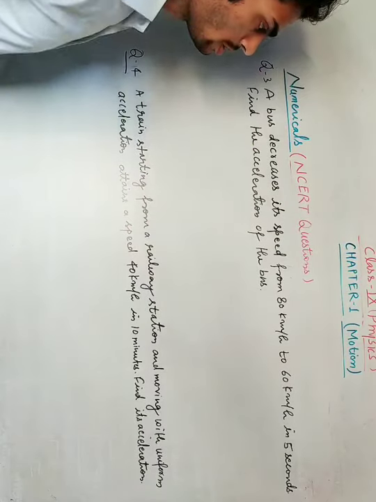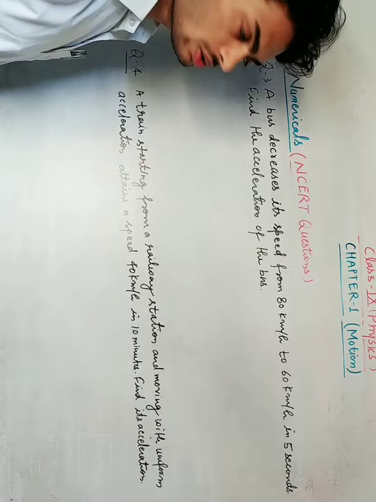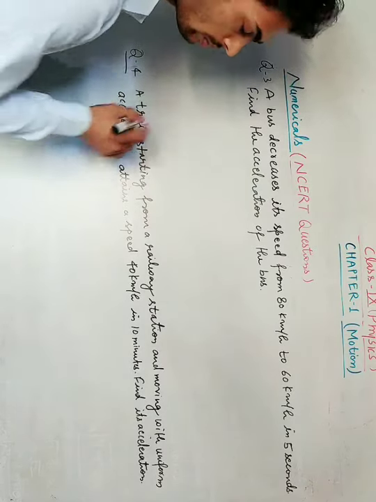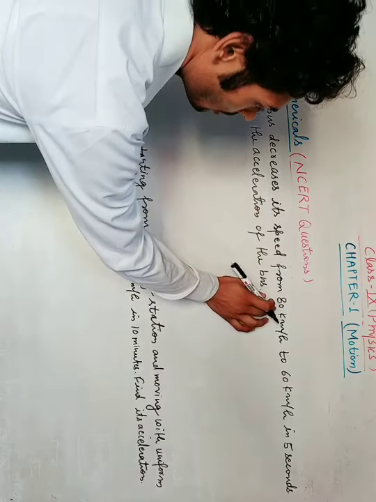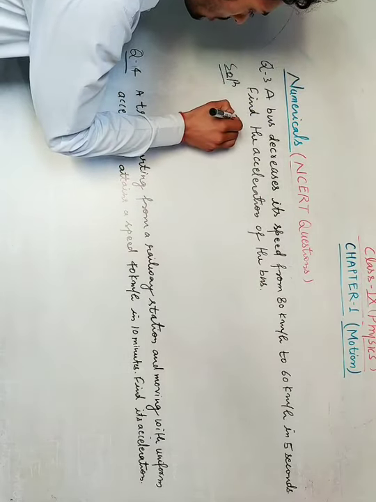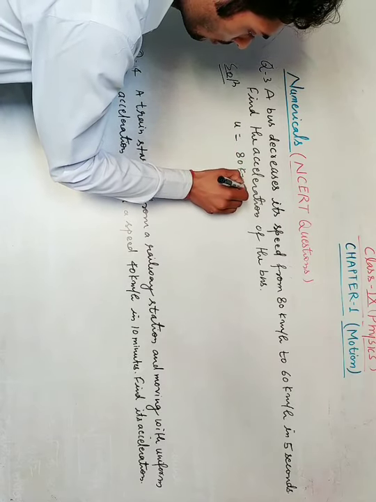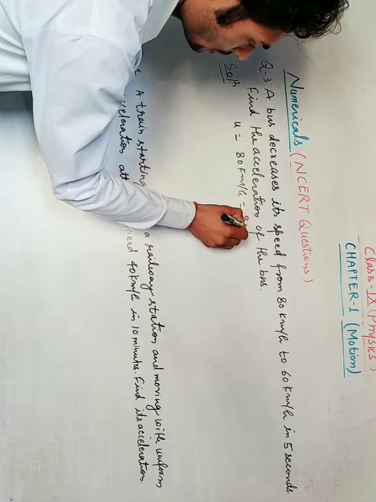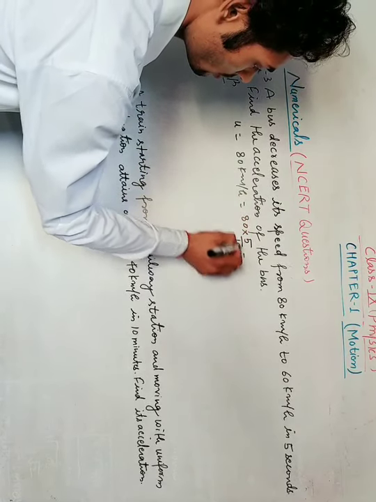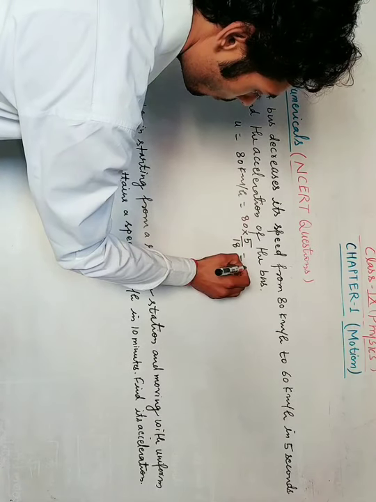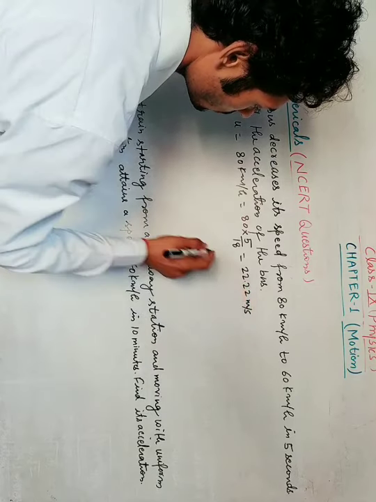A bus decreases its speed from 80 km per hour to 60 km per hour in 5 seconds. Then find the acceleration of the bus. So let's solve. Bus decreases its speed from 80 km per hour. Then its initial velocity u equals 80 km per hour, equals 80 into 5 by 18, which becomes 22.22 meter per second.